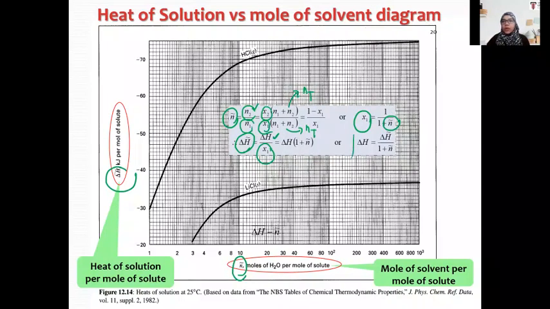So this is how we can obtain the value of heat of formation by referring to this diagram of heat of solution over mole of water per mole of solute. Or in a simple way, we can define it as mole of solvent per mole of solute.